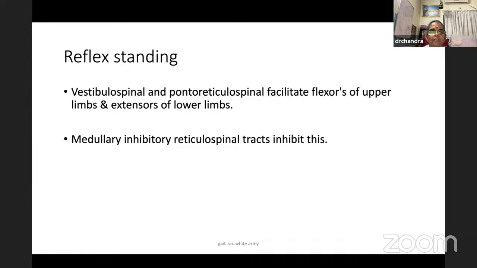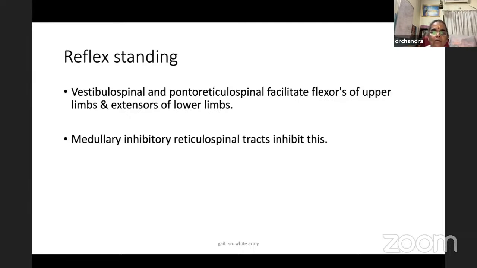So for reflex standing, vestibulospinal and ponto-reticulospinal facilitate flexion of the upper limbs and extension of the lower limb. So normal standing posture is through the flexion of the upper limb and extension of the lower limb. And the medullary inhibitory reticulospinal tract inhibits this posture. So when there is a lesion between the midbrain and the medulla, this posture cannot be maintained.